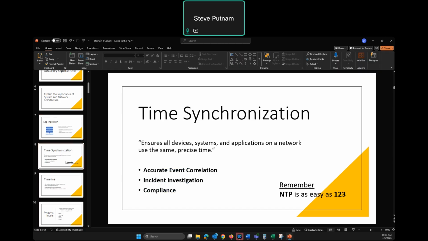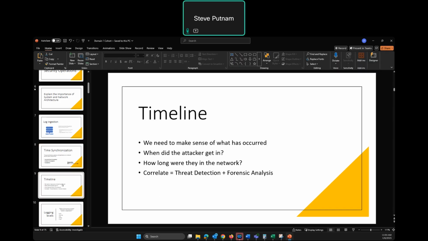So the network time protocol, which is essentially what you sync all your devices to one time, ensures that you're able to look at the different events that occurred and correlate those. So you can look at when an attacker may have breached the network, how long they were there, things of that nature.